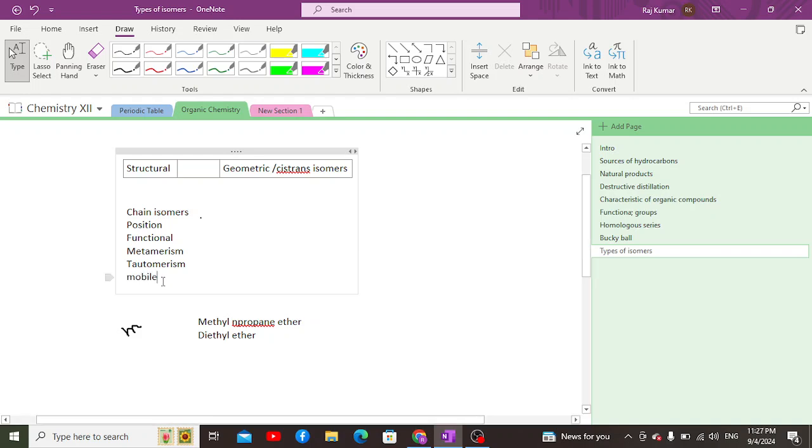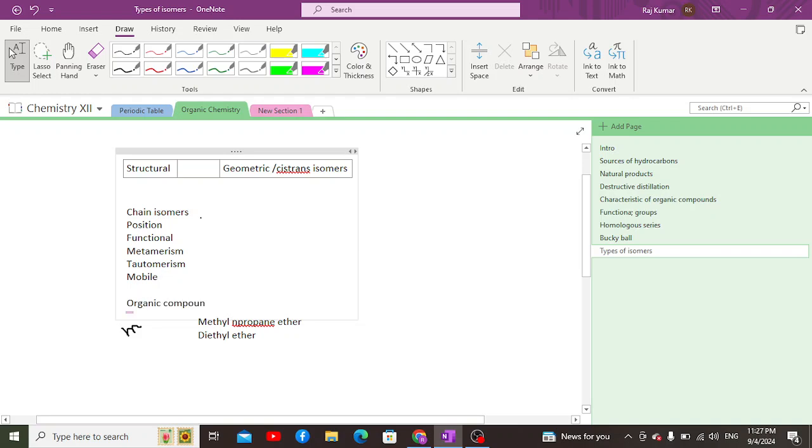That mobile hydrogen atom present in the tautomeric forms jumps from one functional group to another, due to which it changes its position continuously from one part of the organic compound to another part, due to which the organic compound coexists in two different states in equilibrium with each other.